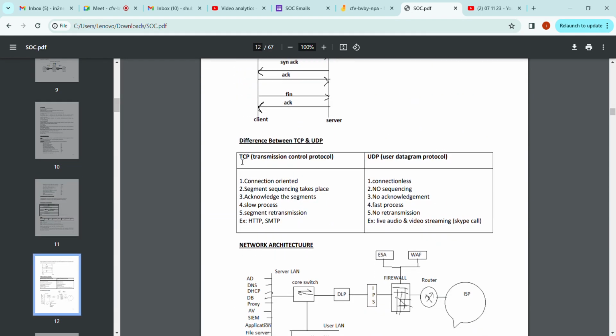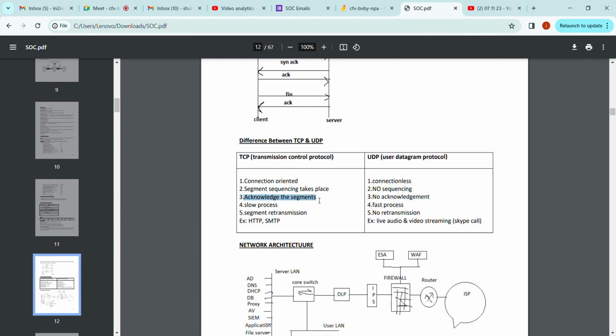If you look at the difference between TCP and UDP, whenever data is sent with the help of packets to an end device or end user, in TCP, that means Transmission Control Protocol, it is connection oriented, and segment sequencing takes place. It acknowledges the segments. That means whatever packets have been received by the end user, it will acknowledge.